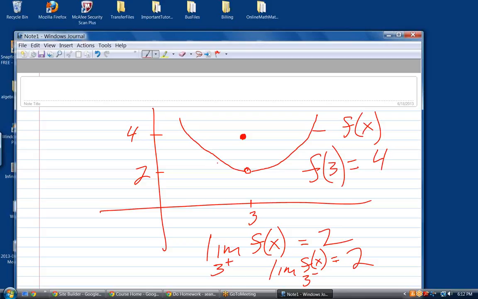Every other place, it's approaching 2. So the limit at 3 is 2, even though the value of the function at 3 is actually 4. So that's kind of a counterintuitive concept. But a couple things come out of that. Number one is that limits have to be the same from the left and the right.